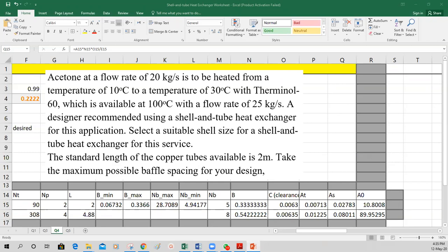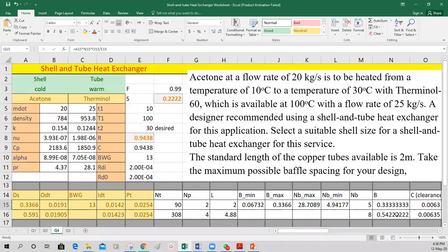Yes, Hadi, did you get the area? Tube side, shell side? Anyone got the shell side area?